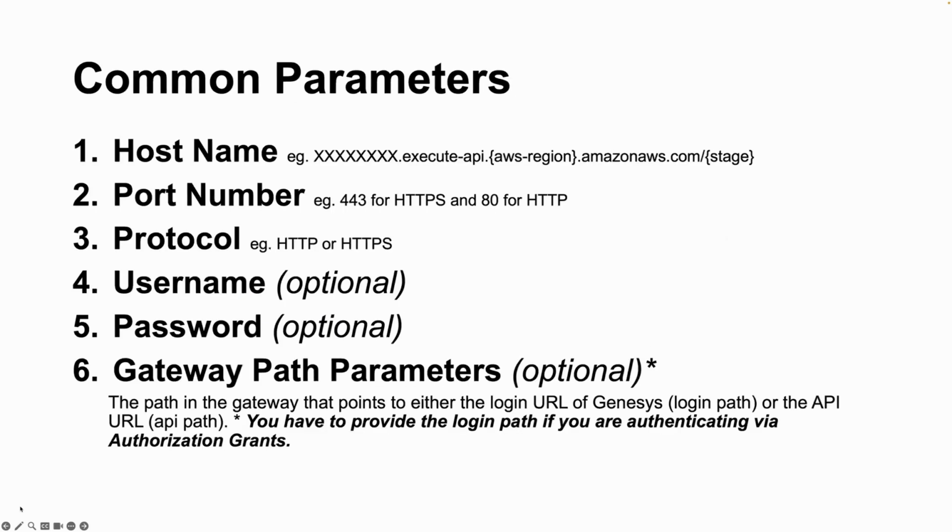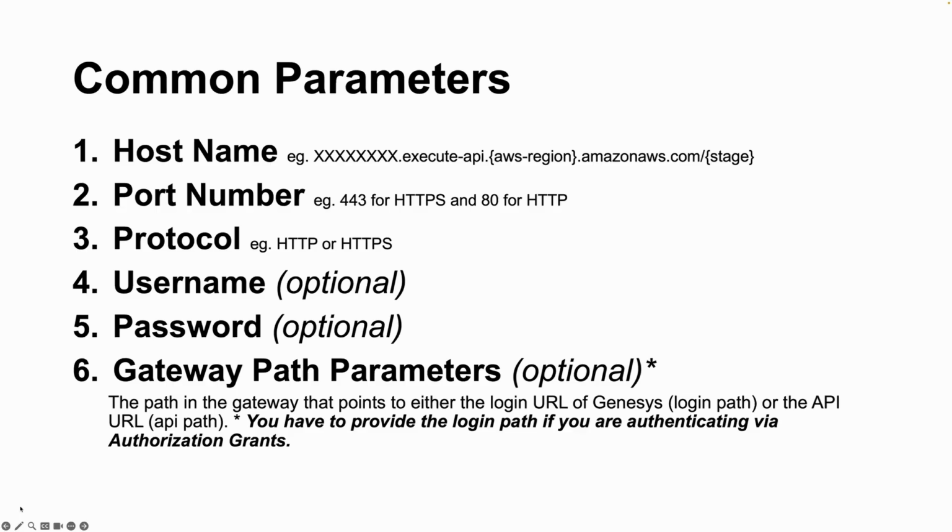So if you haven't watched the video on the Genesys Cloud CLI with the API gateway, you'll be needing these parameters again. So the host name, the port number, the protocol, the username and password is optional if you have configured that for your API gateway. And lastly, the gateway path parameters, which is conditionally optional.